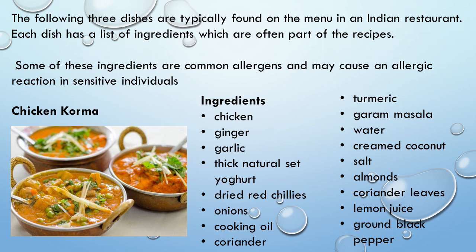You have chicken, ginger, garlic, thick natural set yogurt, dried red chilies, onions, cooking oil, coriander, turmeric, water, cream, coconut, salt, almond, coriander leaves, lemon juice, ground black pepper.